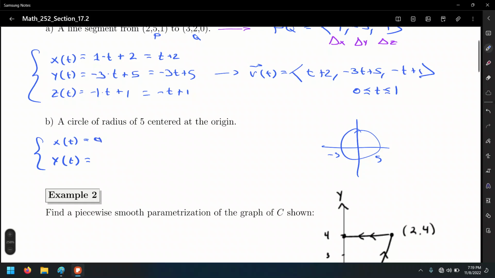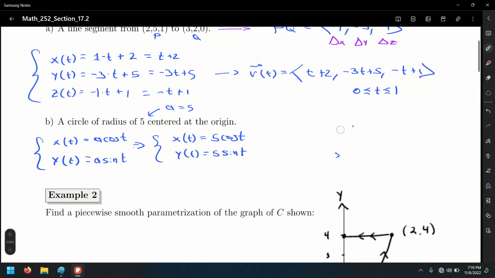If you parameterize it in this order, a cosine t and a sine t, and we want a circle of radius a equals 5, that means this will be the set of parametric equations: x of t equals 5 cosine t, and y of t equals 5 sine t.